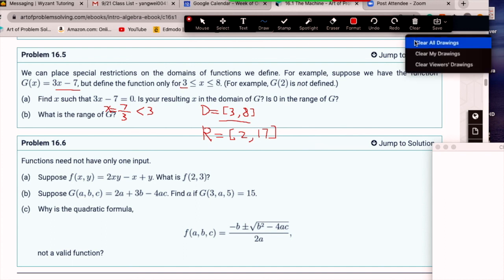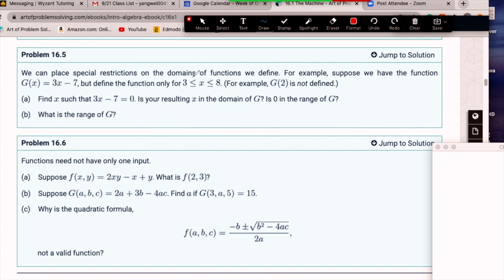Okay, now let's go to the next example. This one, 16.6: a function need not have only one input. Suppose this function, they ask you what is f(2, 3). That means x equals 2, y equals 3. To calculate this, you just plug in: 2 times 2, then times 3, then minus 2, then plus 3.